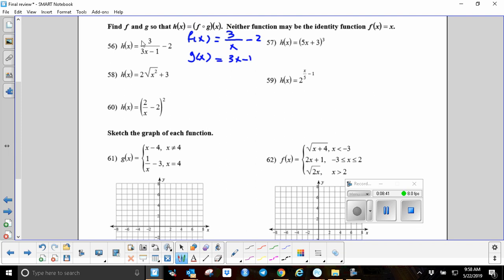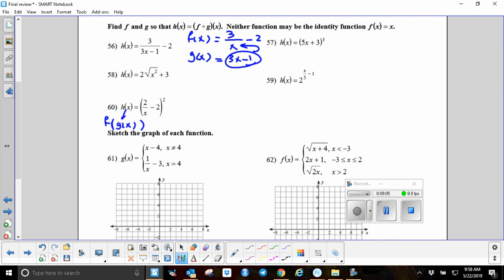Why did I do that? Because look, this went in as an input, and it ended up at the bottom. Did you see how I broke it down? F of x, g of x. Or over here, look at f. This is f of g of x.